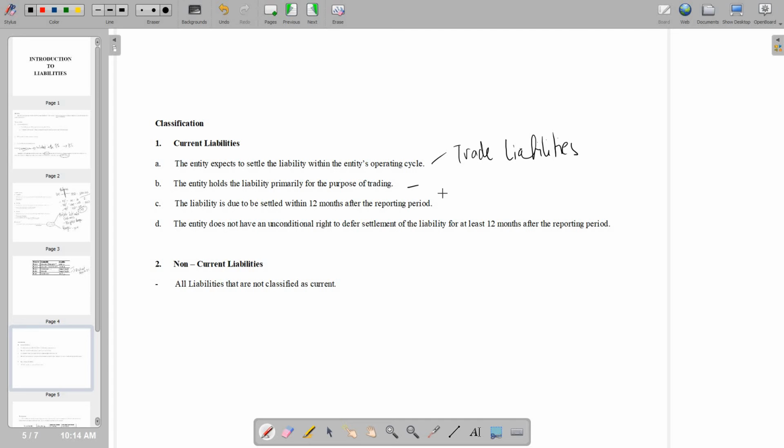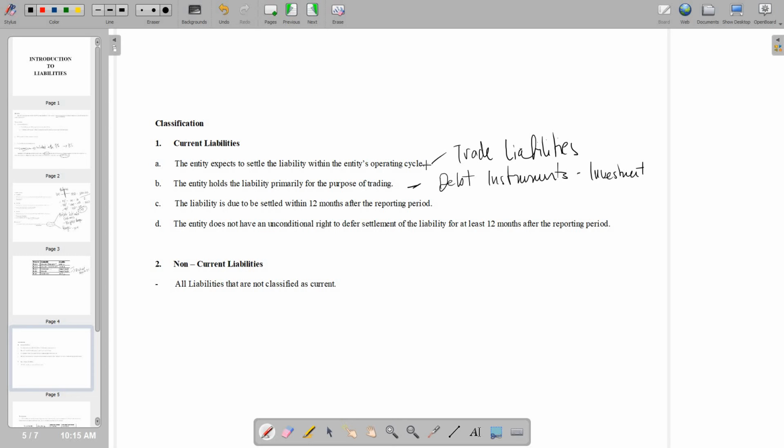So these are liabilities arising from debt instruments. Okay? Debt instruments from investments. So let's say for example, someone invested in your company in the form of debt instruments. Okay? So you go here, no? So these are both for trade liabilities.